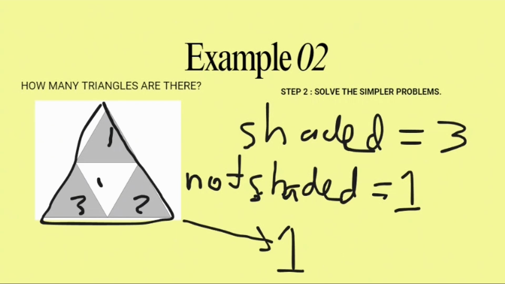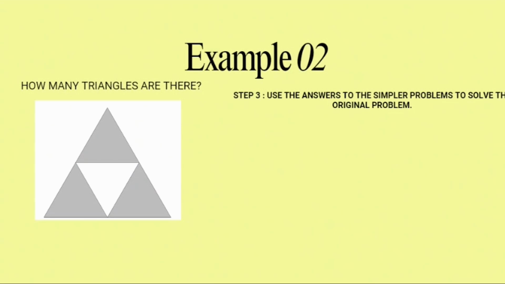So, moving on to the next step, step 3, which is use the answers to the simpler problems to solve the original problem. Step 2 is what you base your answers on.